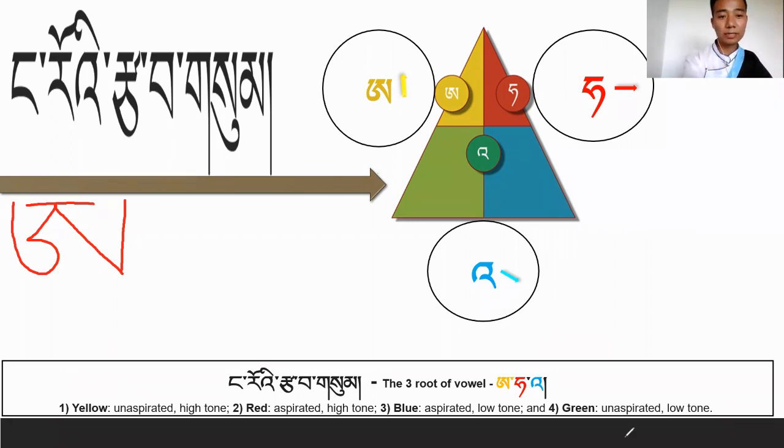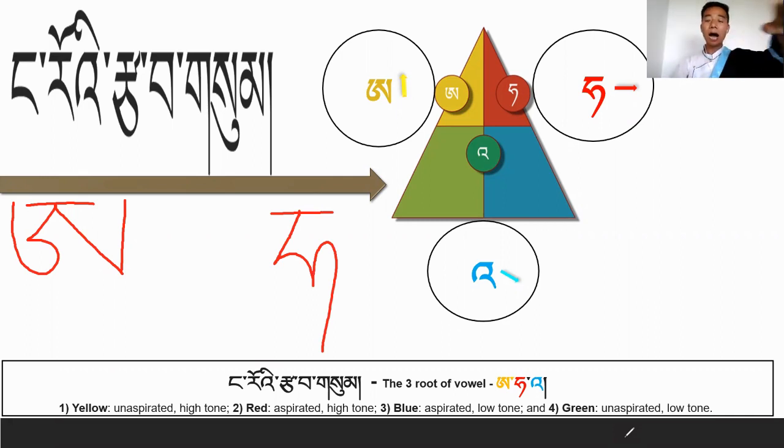I will show you. First the head, then two steps like this. This is ha, the medium sound or tone.